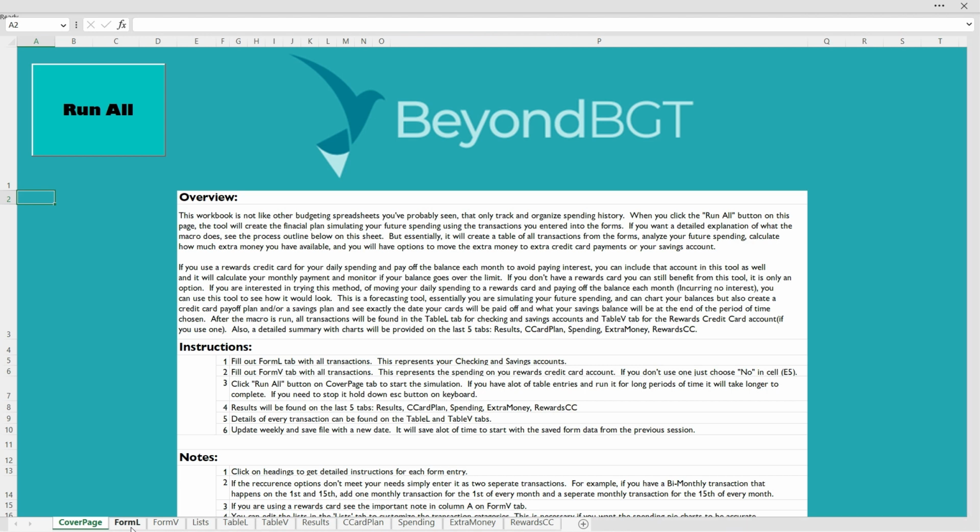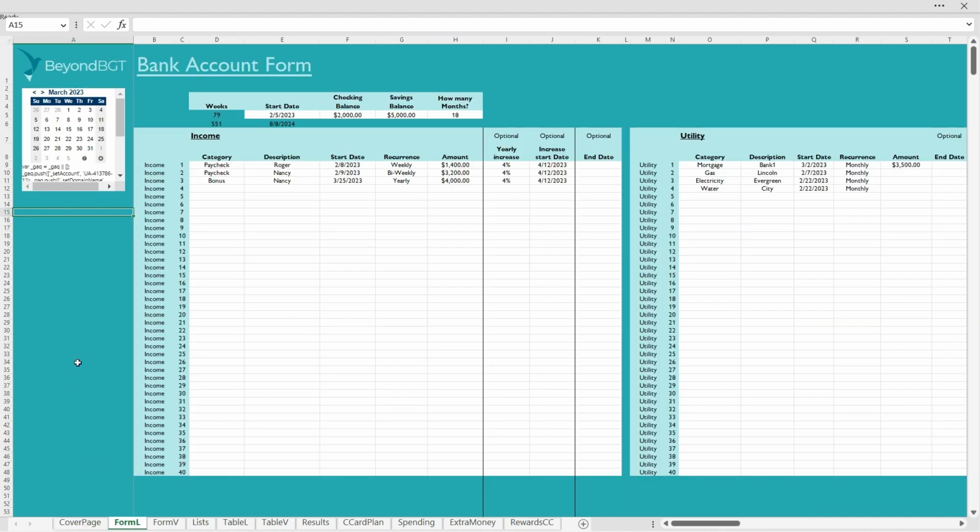Now let's take a look at the form. In the form, you're modeling all the transactions in and out of your checking account. You're going to choose a start date and how many months you want to run the simulation for, and your starting balances.